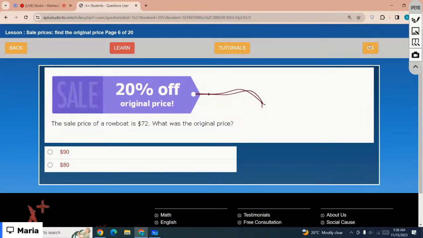The correct option is 72 divided by 80. That means the original cost is $90. The correct option is $90.